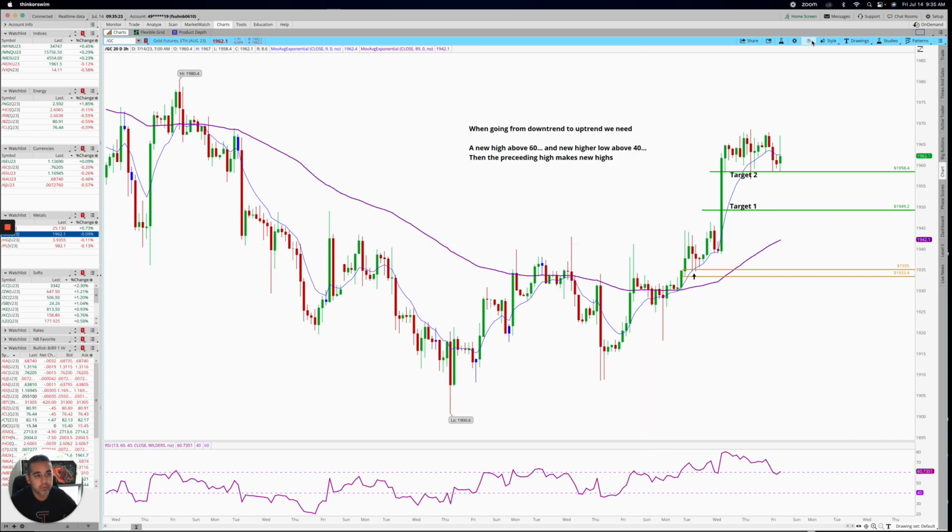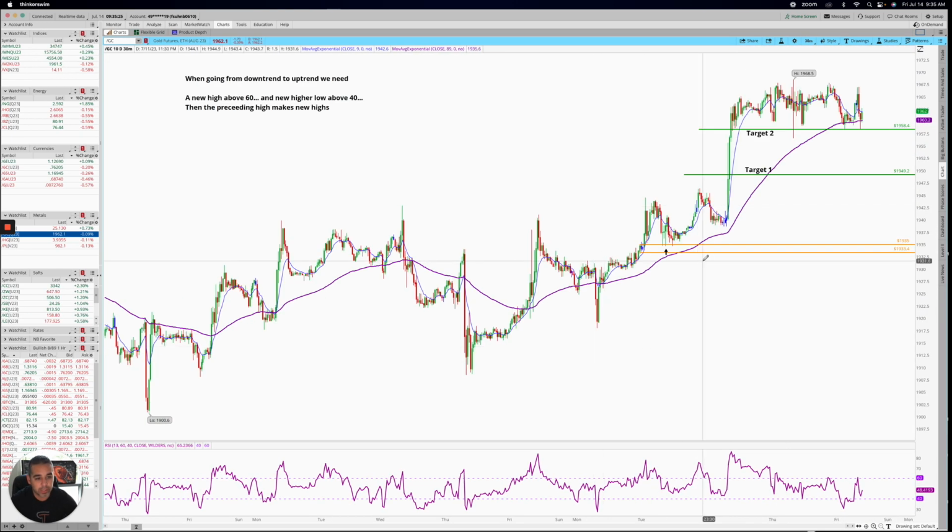Okay? So when I go into my 30-minute chart and I'm looking at zones, what am I looking for? If the line of least resistance is up, the trend is up, there are two things that we look for.